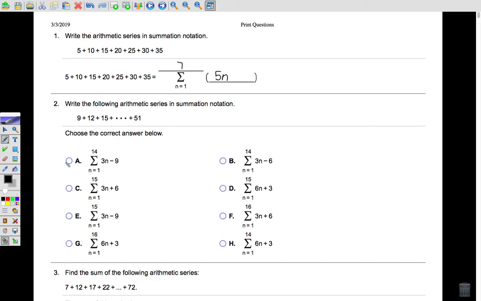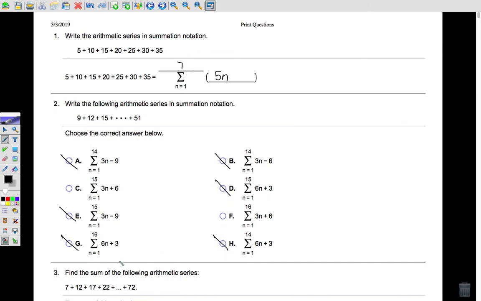So you can eliminate some of these right away, because when you plug in 1, you do not get 9. When you plug in 2, you should get 12. So you can eliminate some of these where you would not get 12 when you plug in 2.